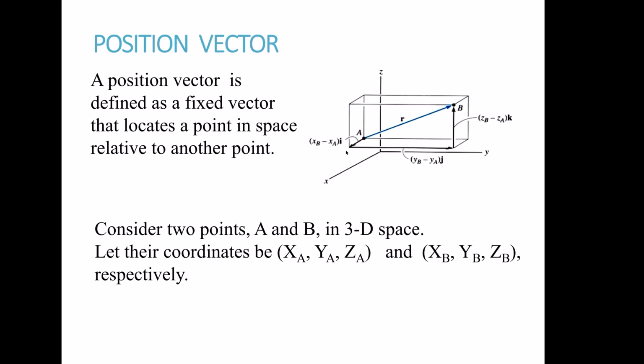And all this is saying that if you wanted to determine this vector, from here to here, you can think about it in a couple different ways, right? You could go from the origin to A, and then go from A to B. That's the same thing as going from the origin to B, right?